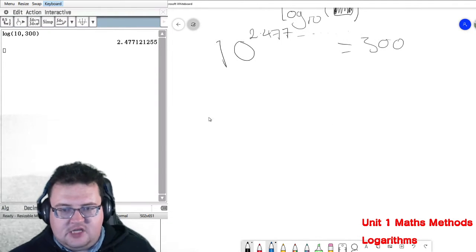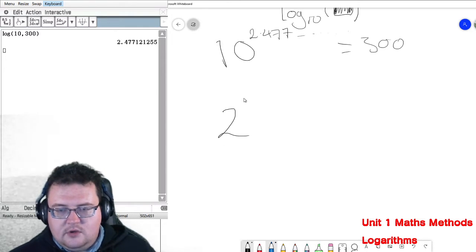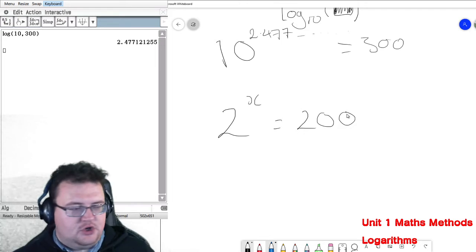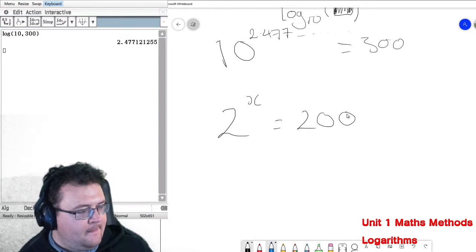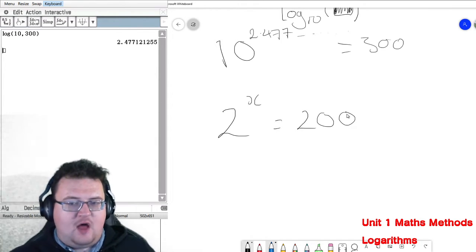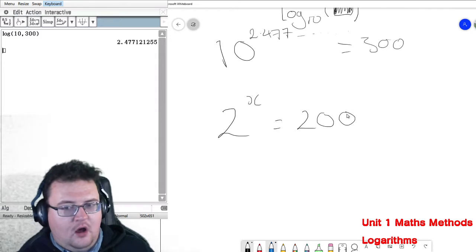If I, for example, had 2 to the power of x is equal to 200, and I need to figure out what value I'm going to use for x, how am I going to find that?